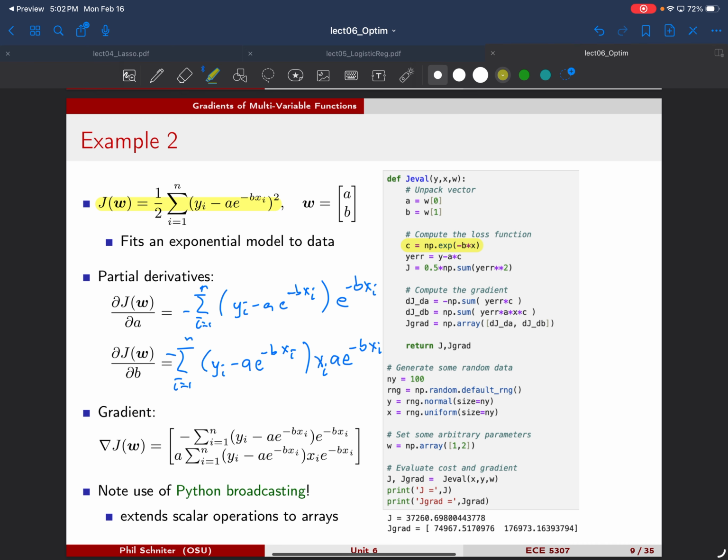And then you can see how we're using C here, and we're going to use it here, here, here, here, C, C, and so on. And then we can actually even be a little bit more clever. We notice that this thing occurs 3 times. So let's also define that. That's what this y error is. So we'll compute that once and then use that several times.